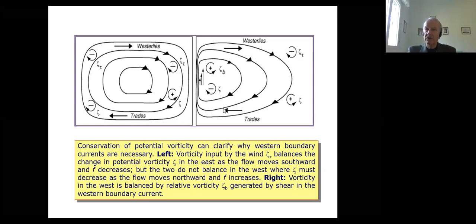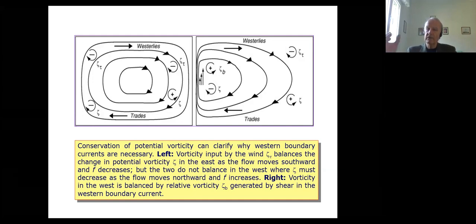When the particle goes toward the west coast, if it goes northward, since the wind is inputting negative vorticity into the water column, the particle cannot move northward, because in that case this is against the potential vorticity conservation.